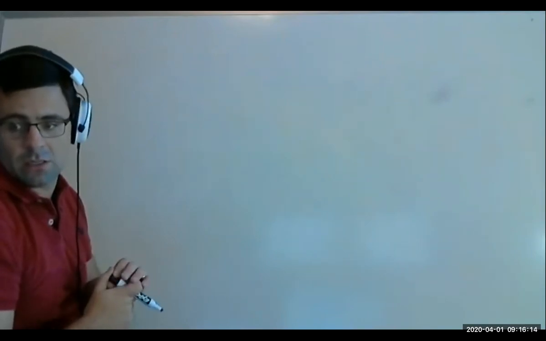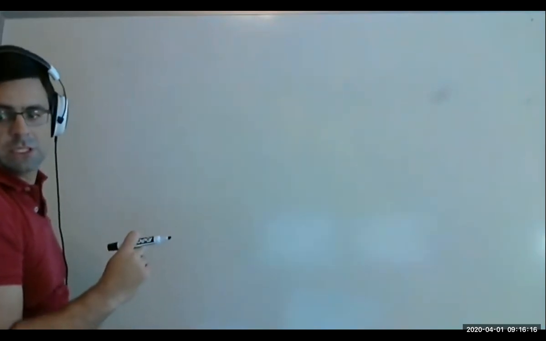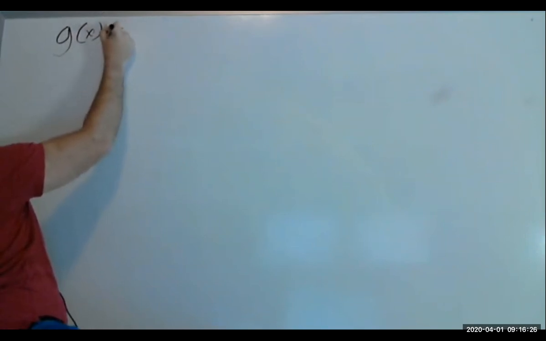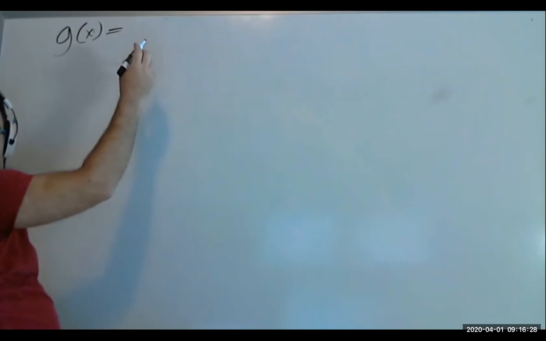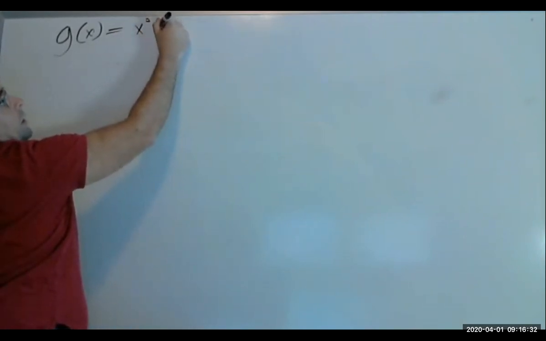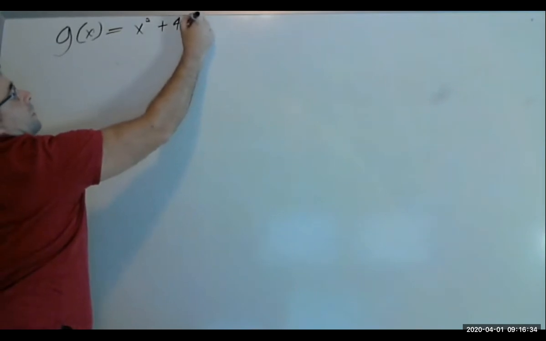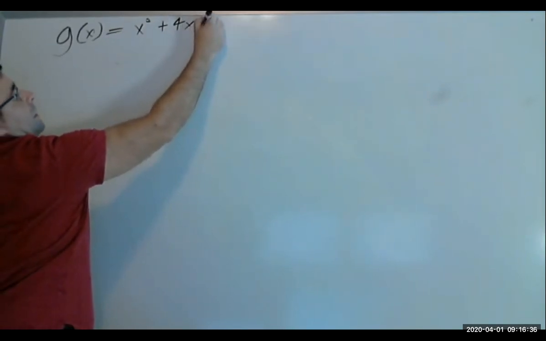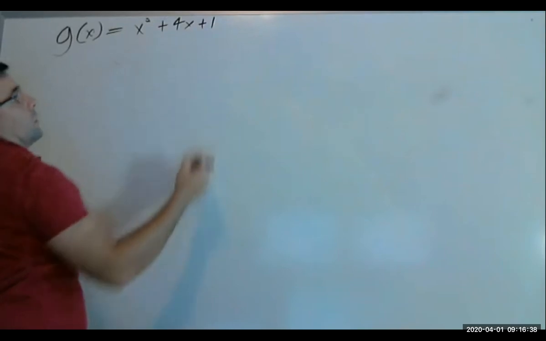So let's take a function, we'll call it g of x, equals x squared plus 4x plus 1.